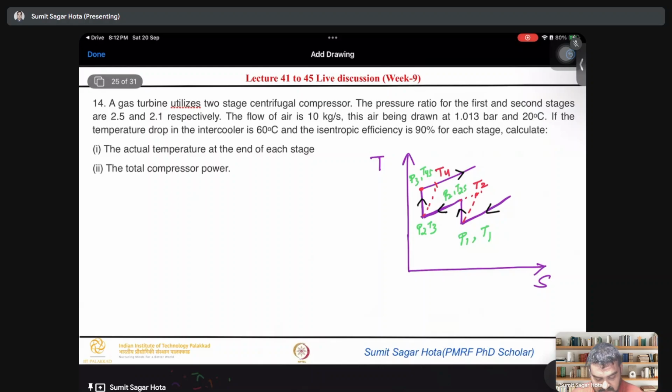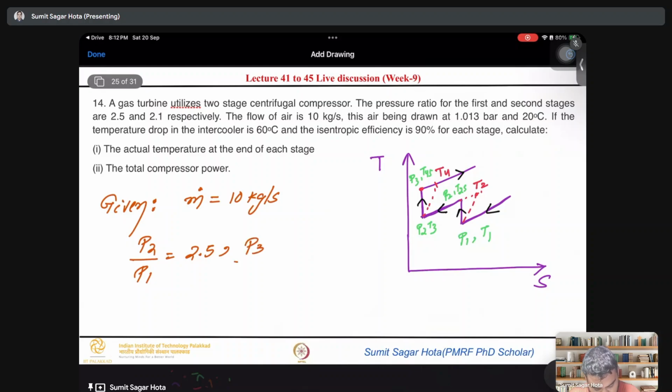Okay, let's write down what is given. M dot is 10 kg per second. P2 by P1 is equal to 2.5. P3 by P2 is 2.1.